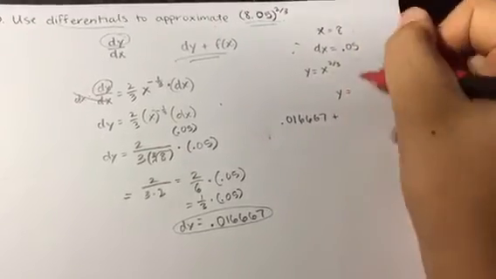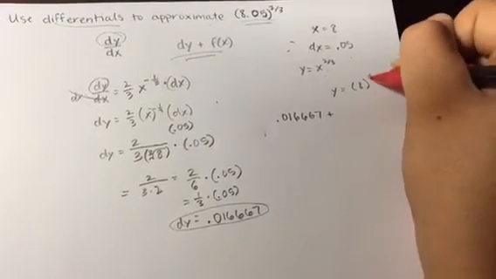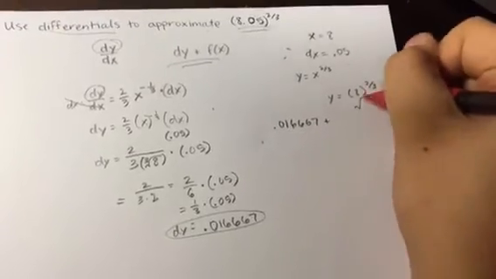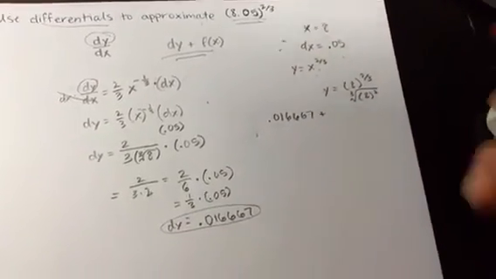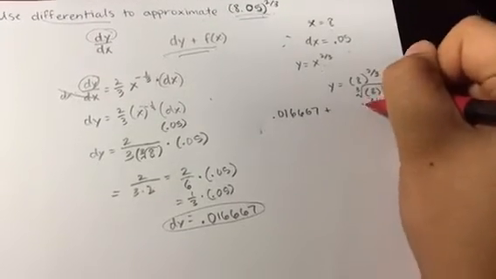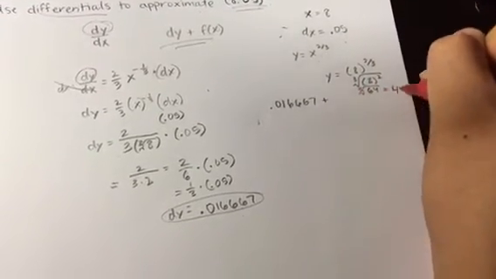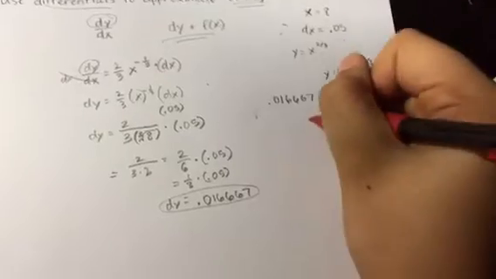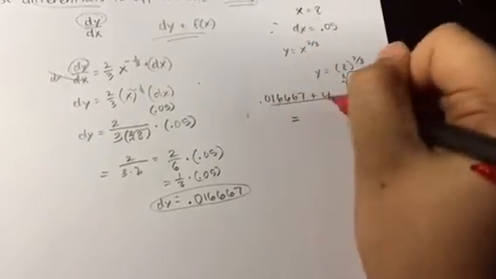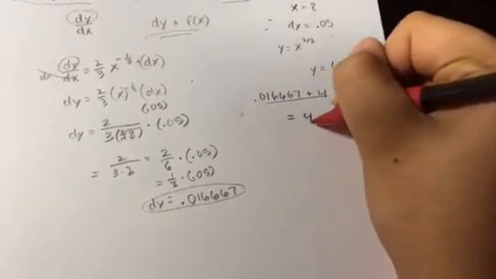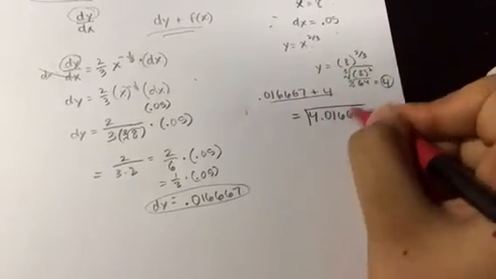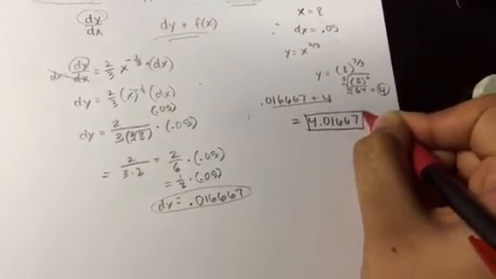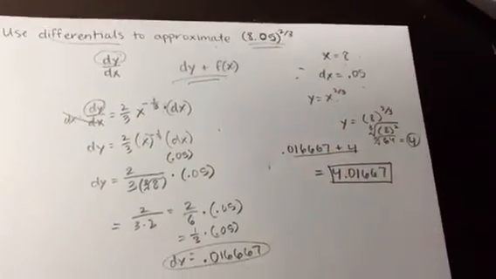So y equals 8 to the 2/3, which is 8 squared. This gives you 64. When you do the cube root of that, you get 4. So you add that to 4, and then the final answer from this is 4.01667. And that gives you the approximation of this.